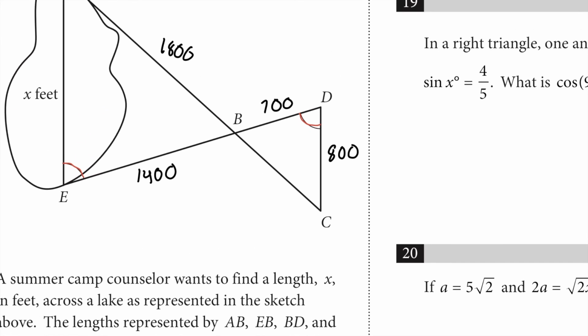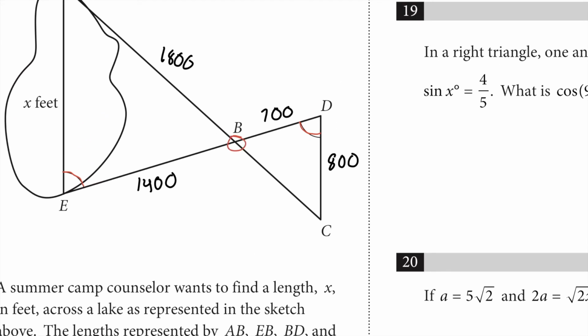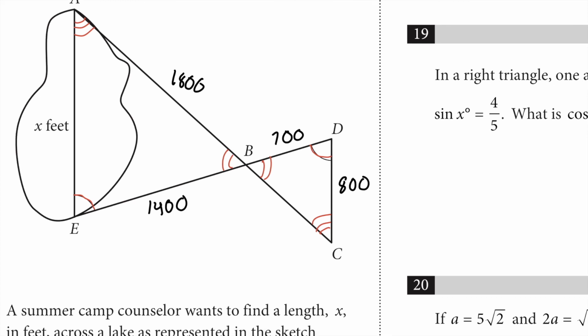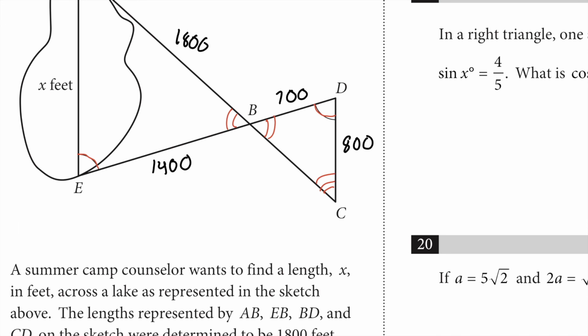Because of this intersection here, we know that these are vertical angles, and thus they must be the same. So both triangles have two angles with the same measurements. That means the third angle must also be equal because they have to add up to 180. So we know they're similar triangles, and that means one will just be a multiple of the other.